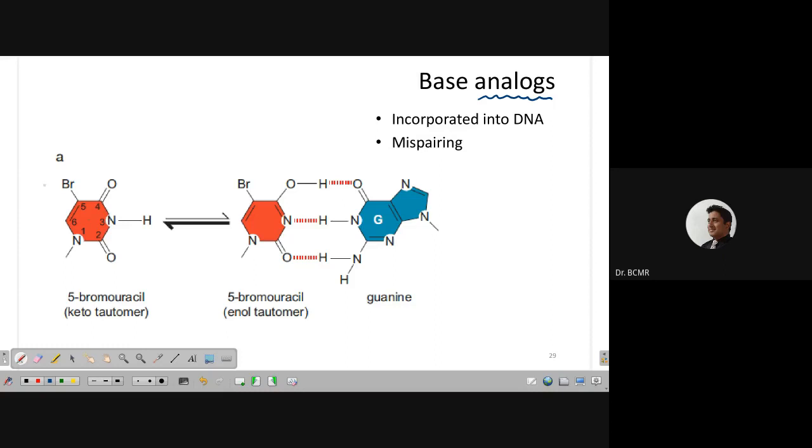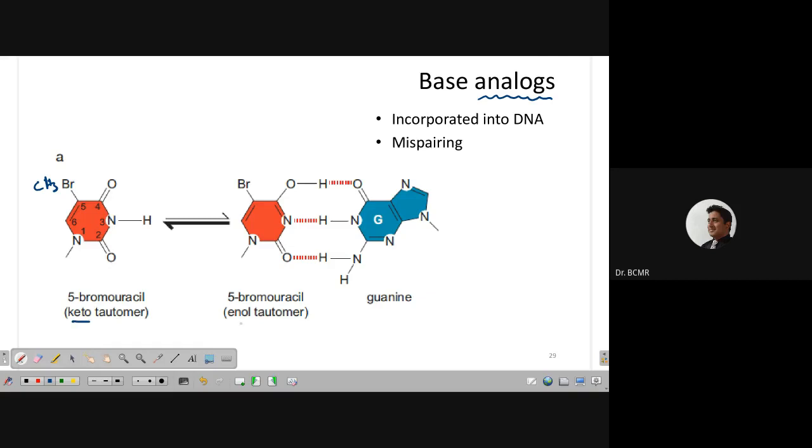Uracil, and here if we had CH3, it would have looked like thymine. So somehow it can get incorporated into the DNA as a nucleotide.